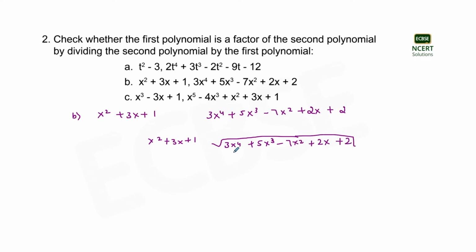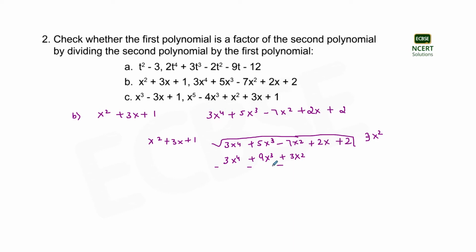Now on dividing the first term of the dividend with the first term of the divisor, we will obtain 3x square. And now on multiplying this with the divisor, we will obtain 3x raised to power 4 plus 9x raised to power 3 plus 3x square.